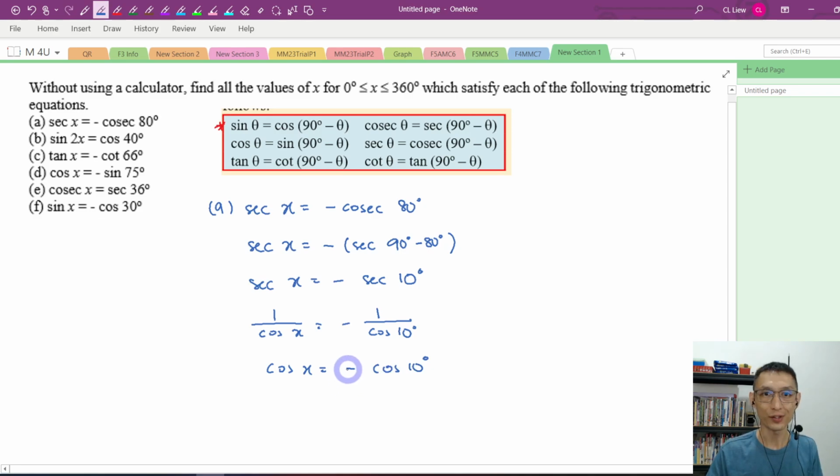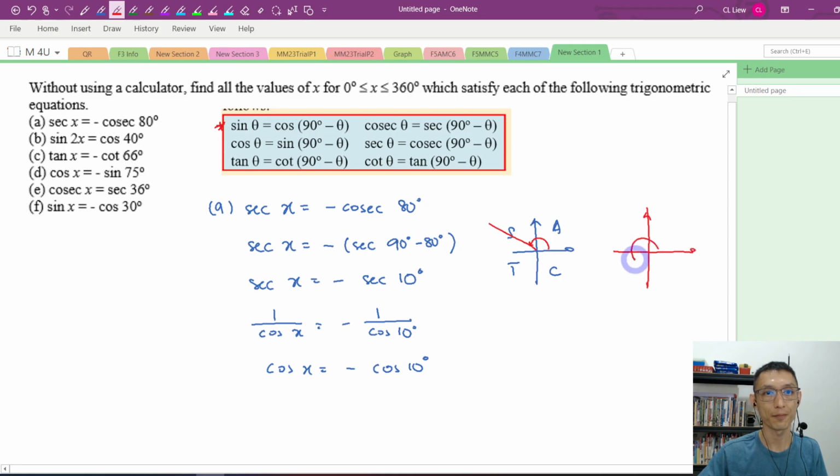But we see a negative sign, so as I told you just now, according to the ASTC rule, the angle will be in the second quadrant or the third quadrant. The reference angle is over here, this is 10 degrees, so 180 degrees minus 10, and over here, 180 degrees plus 10.